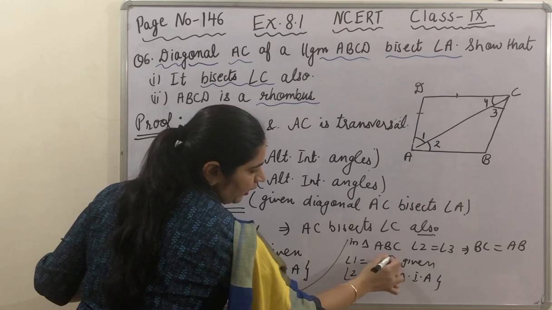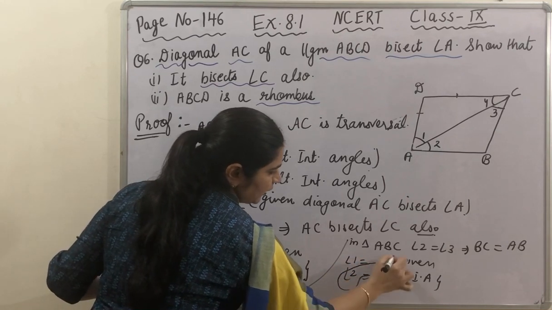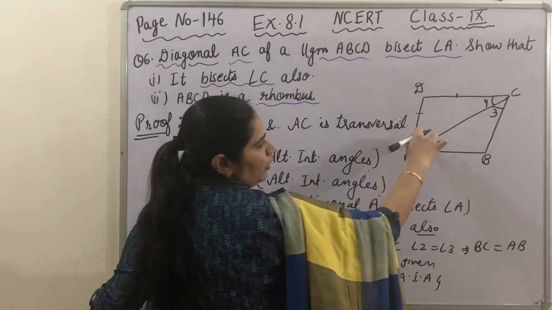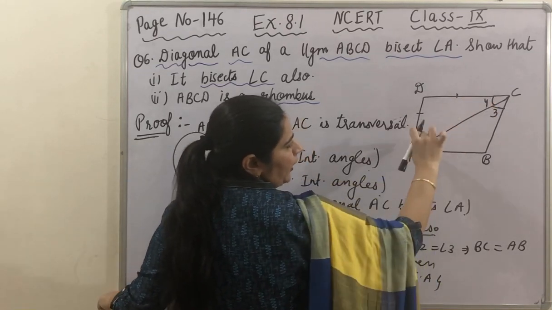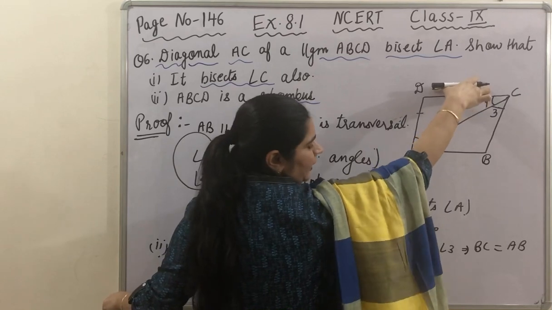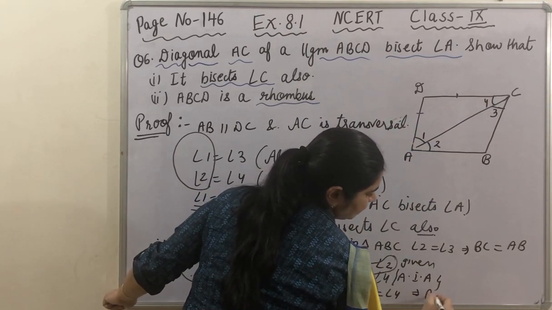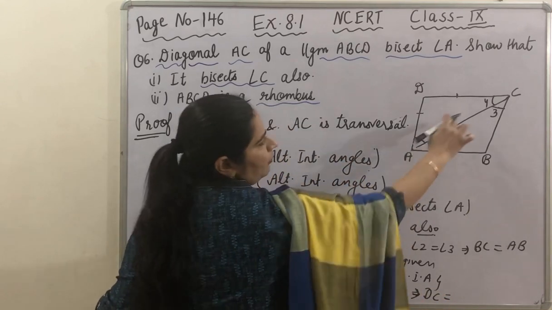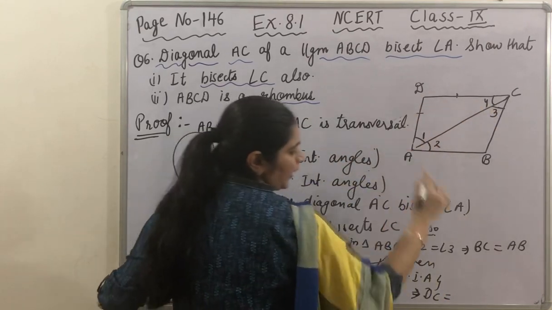Like this way I do the comparison. These two are same, so angle 1 is equal to angle 4. When angle 1 is equal to angle 4, opposite to angle 1 is this side, DC, which is equal to the side opposite to angle 4, AD.